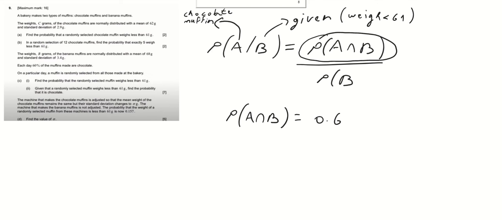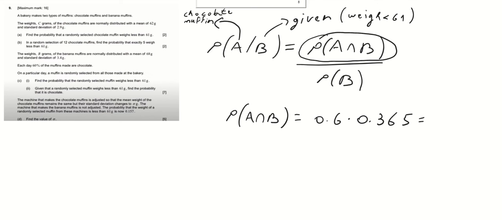A chocolate has a probability of 0.6 to be a chocolate one, and then we have to multiply it by the probability that it will weigh less than 61. That will be whatever it will be, I will calculate it later.